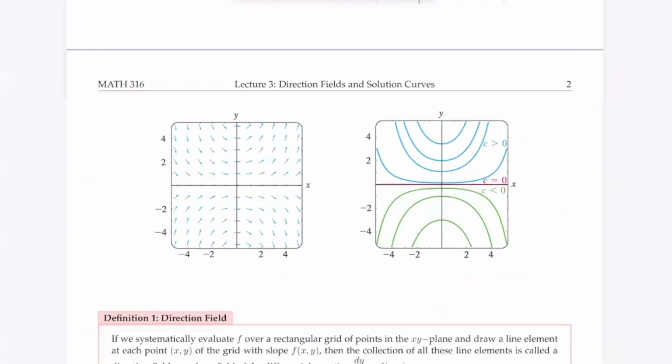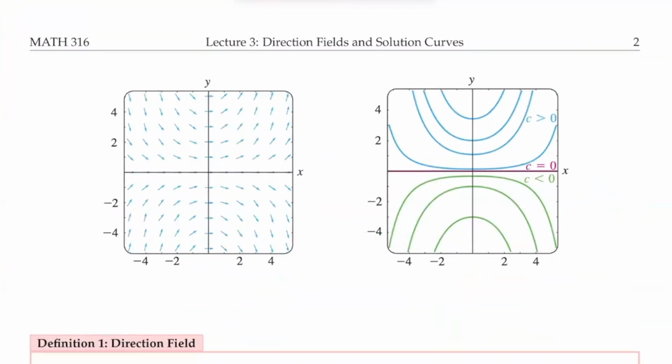In the first picture, you have the direction field, and on the right-hand side picture, you have solution curves. If you overlay these two graphs, you will see that the solution curves follow closely with the arrows. So that's how you obtain direction fields and solution curves.